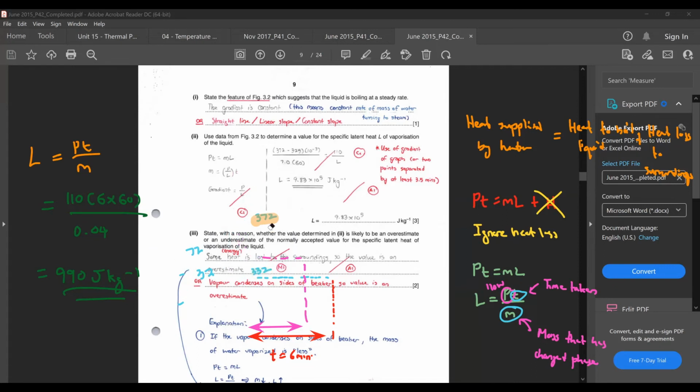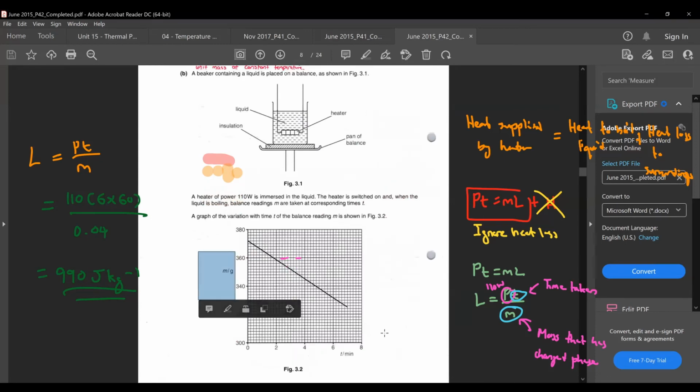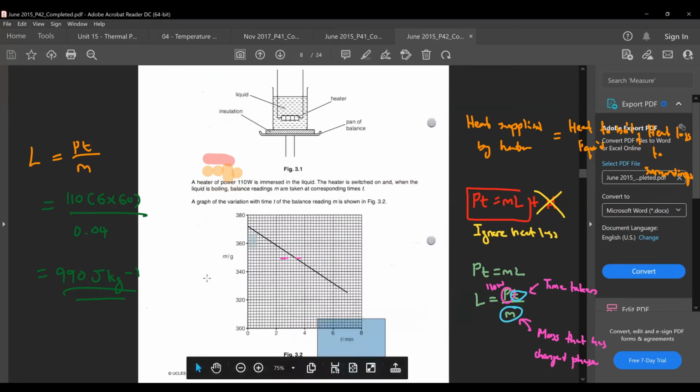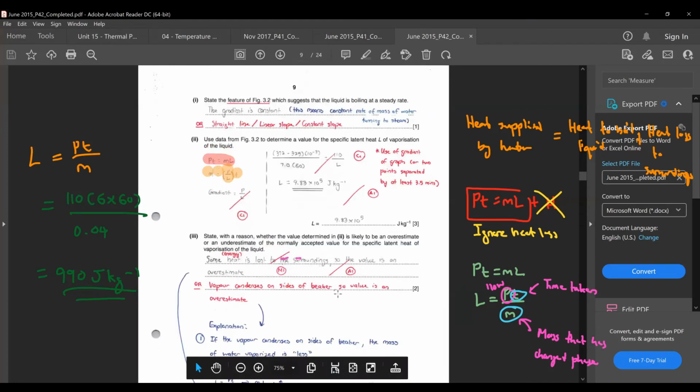Now, there was another different way of doing this, but I think this one is a bit more tedious or complicated. This one is actually you trying to equate the equation into a straight line equation and then relating it to the graph. Because you see, I can say that PT is equals to ML, and then I rearrange this, I will get M is equals to PL over T. Your graph here is actually mass versus time, where mass is y-axis, time is x-axis.